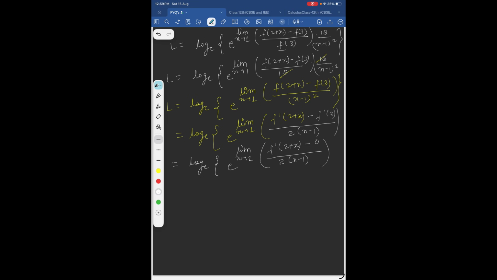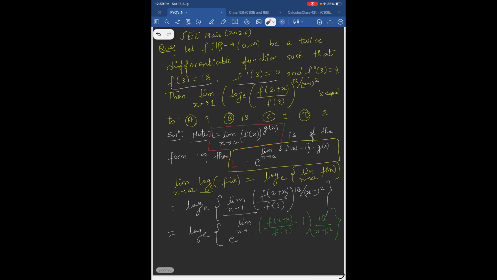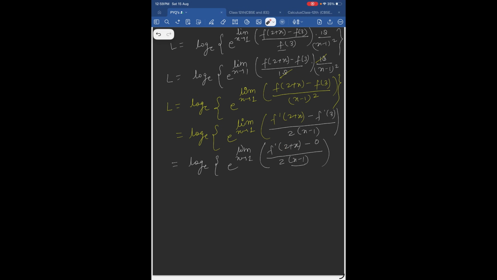Again when x tends to 1, f'(2 plus 1) is f'(3), already given as 0, so 0 upon 0, again 0 by 0 form, which means again we can apply L'Hopital.